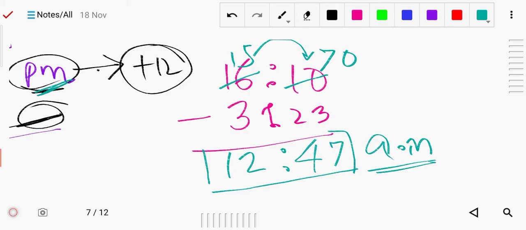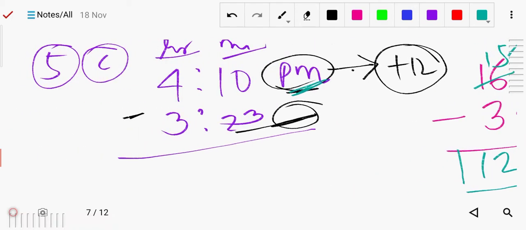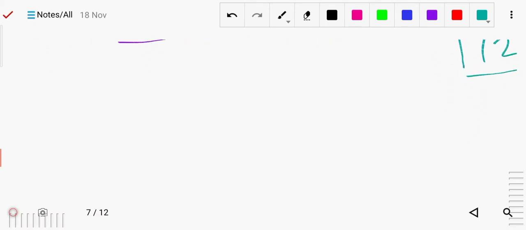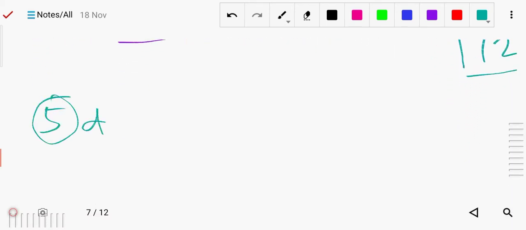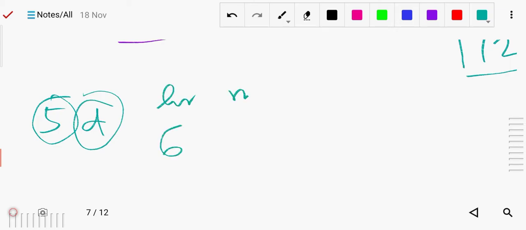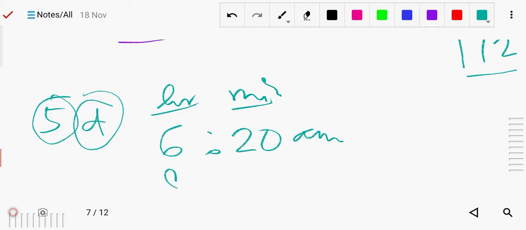Next we will solve question number 5, part D. It is given 6:20 AM, and we have to subtract 8 hours 35 minutes.